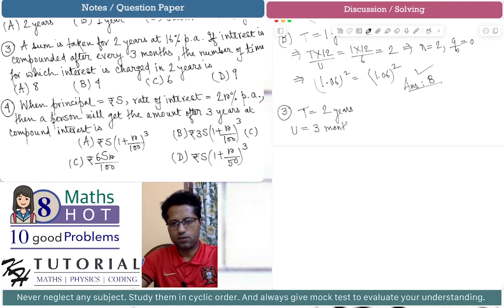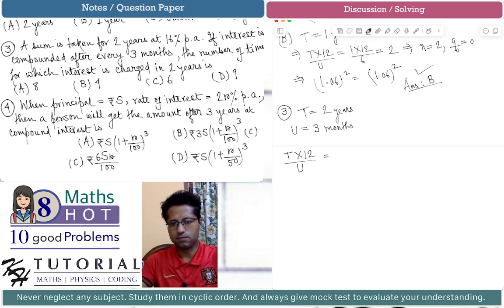Now what it is asking is the number of times for which interest is charged in 2 years, how many times the interest will be charged. For that we have to calculate t multiplied by 12 divided by u, where t is in years and u is in months, and this we need to express as a mixed fraction.